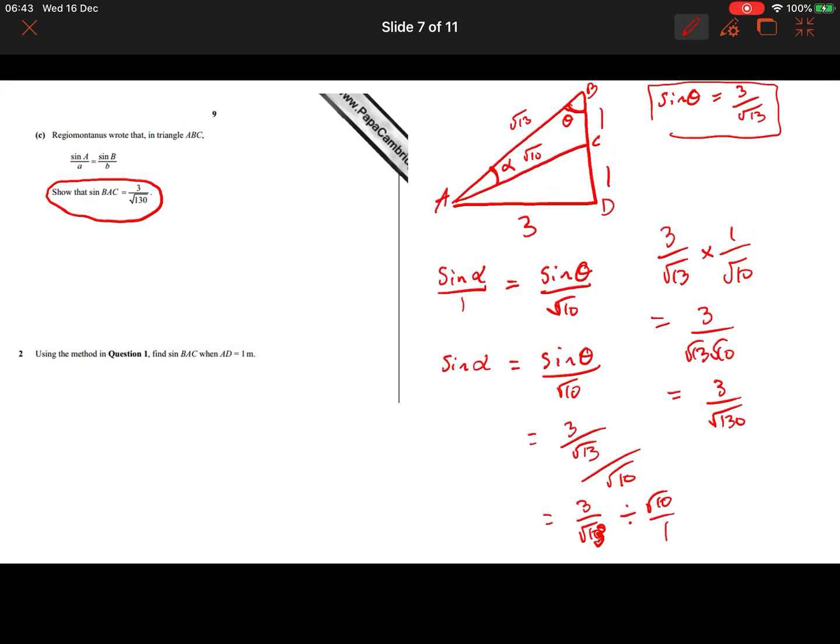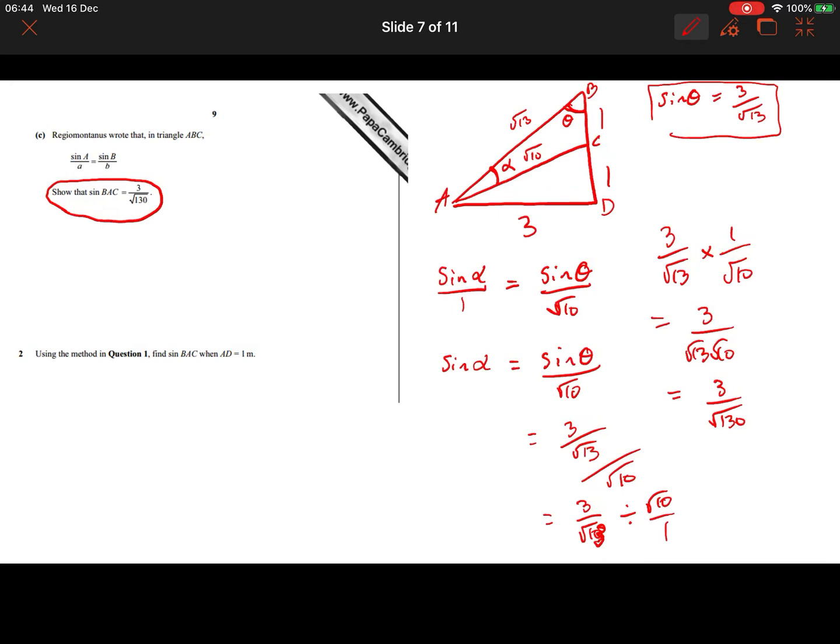Now, here is another little technique for you to consider. This question says, show that sine BAC is 3 over root 130. Firstly, that means you know what the answer is. You're just aiming for the answer. You need to show the steps to arrive at that answer, that's all. Which also means that if you can't do that question, you've still got that answer to help you with the next parts of the question.